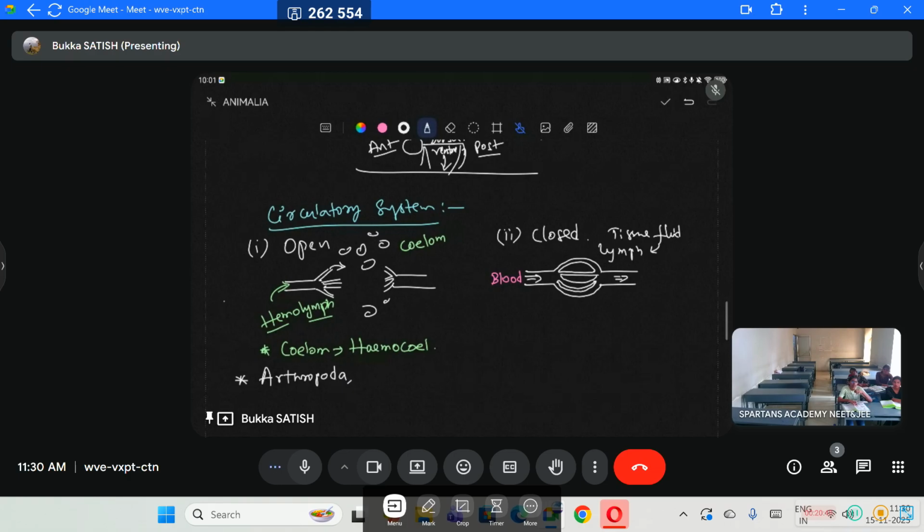Arthropoda, Mollusca. There are some exceptions, but Mollusca, Echinodermata, Hemichordata. And some lower chordates like Urochordata.